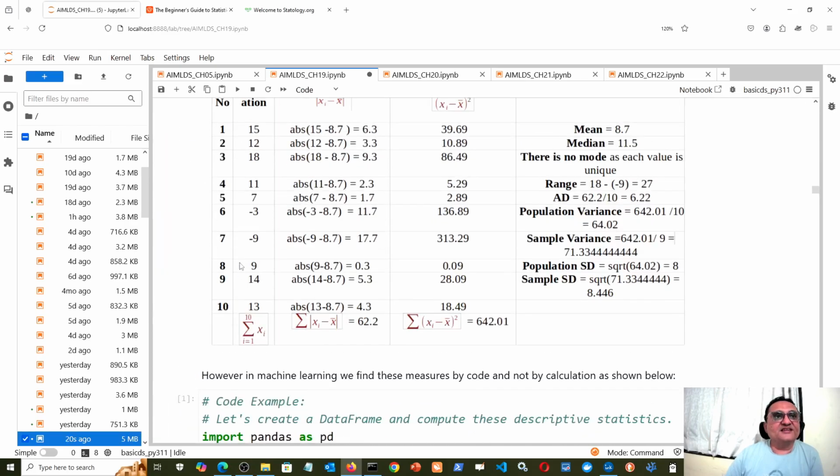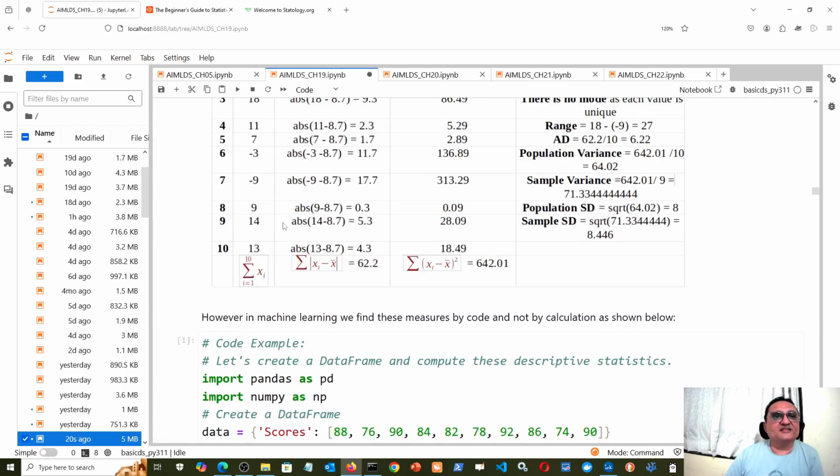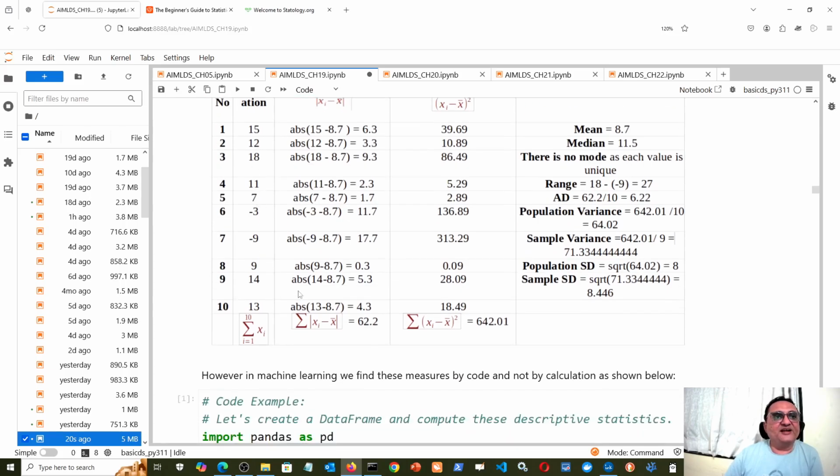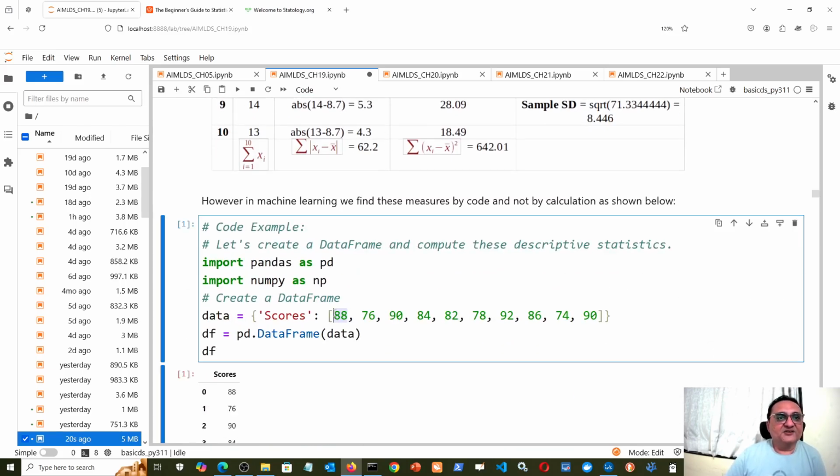And I think this is the same. No, this is not the same data set, but I could have taken the same data set, and that is 15, 12, 18. Let me even change it here quickly. Okay, so 15, 12, 18, 11.